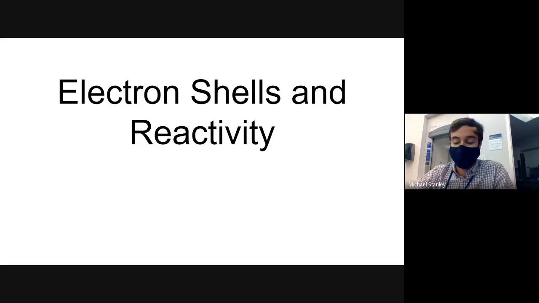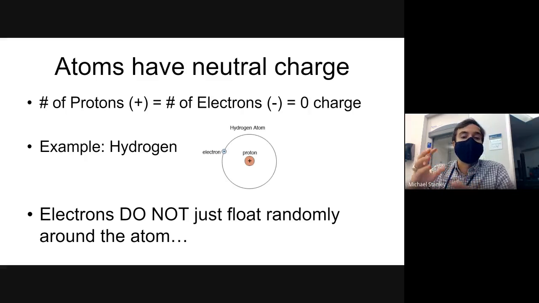And the main thing that we talked about is that the electrons and the protons have to be the same, right? That was the biggest thing we talked about when we were trying to figure out how many electrons are in an atom. Well, it's based on how many protons there are.